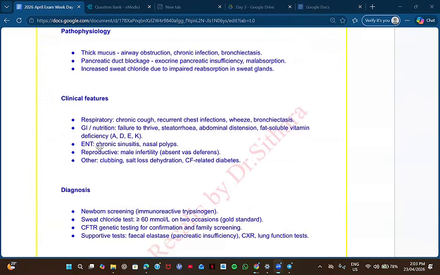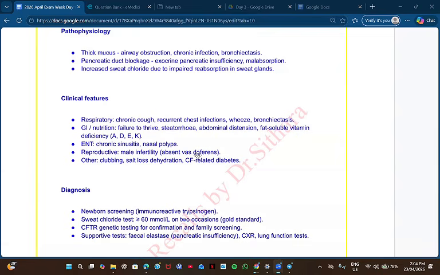Clinical features: respiratory, chronic cough, recurrent chest infections, wheeze, bronchiectasis; GI, failure to thrive, steatorrhea, abdominal distension, fat-soluble vitamin deficiency; ENT, chronic sinusitis, nasal polyps; reproductive, male infertility.